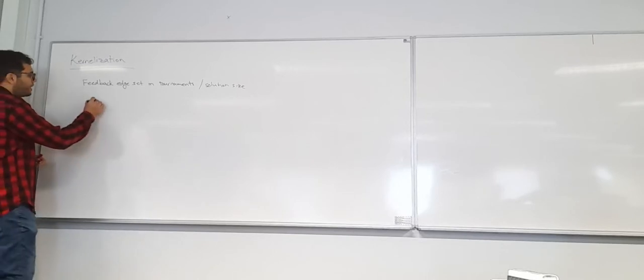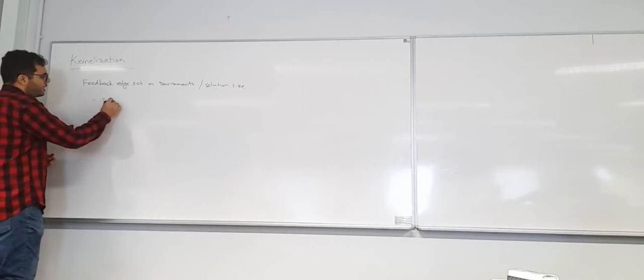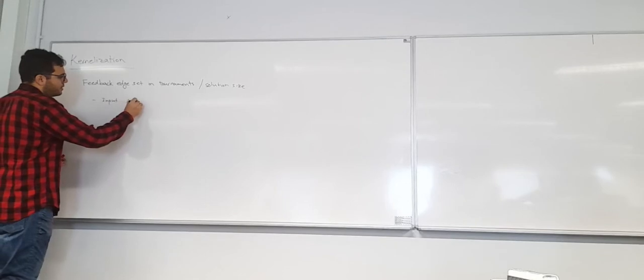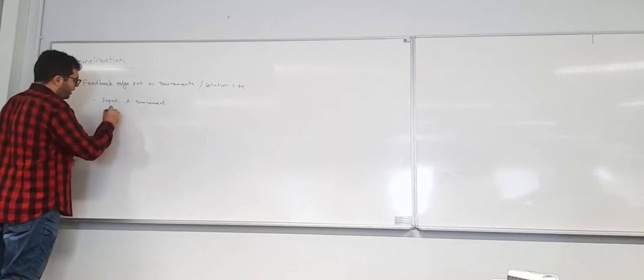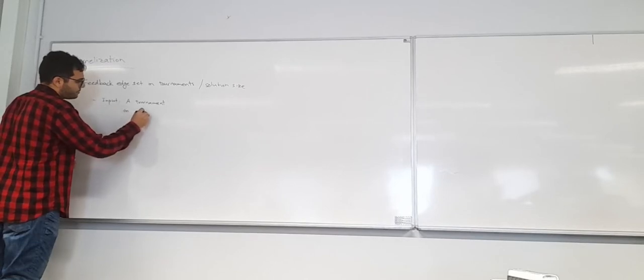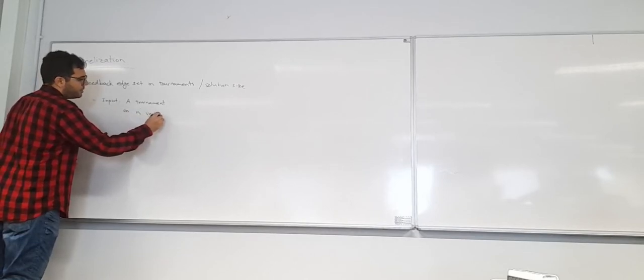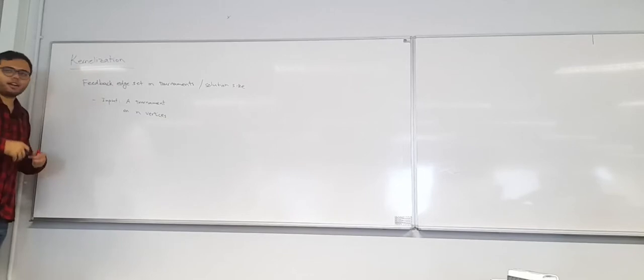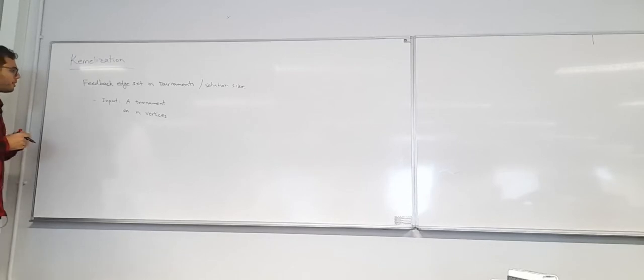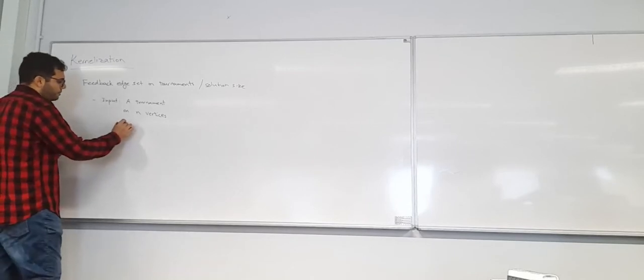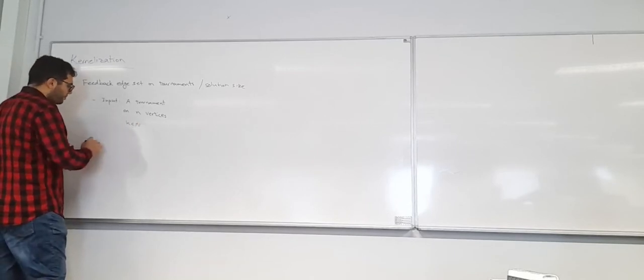So the input is a tournament on n vertices. And remember that a tournament was basically a complete graph where all of the edges were oriented somehow, right? And we also have some number k.